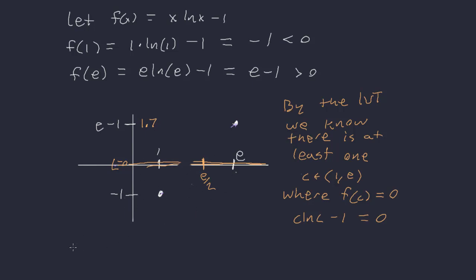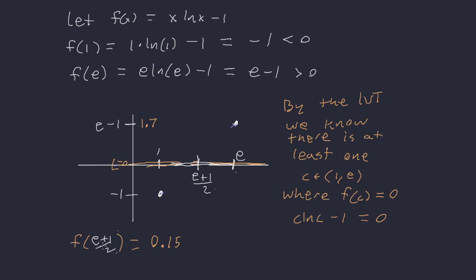So what I'm going to do is find the midpoint of this interval. The midpoint is going to be e plus 1 over 2, and then we're going to plug this into f. I'm going to spare you a lot of the details here and just give you the value.